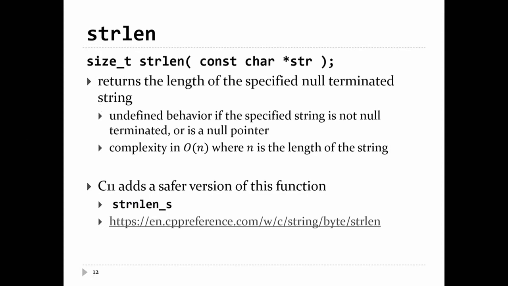The n version of the functions, typically you specify some extra parameter, and this function will stop if it hits the value n. And so this one potentially prevents the problem of falling off the end of the array. It doesn't guarantee it because there's no guarantee that the value of n that's passed into the function is actually the size of the array or bigger. But these variations of the functions do exist.